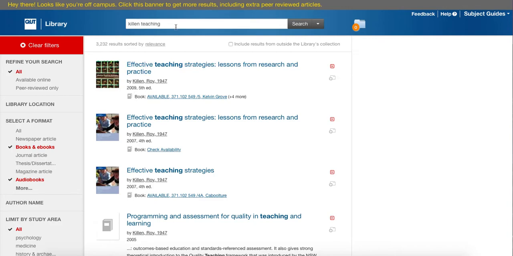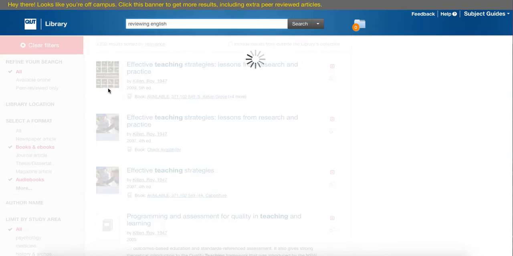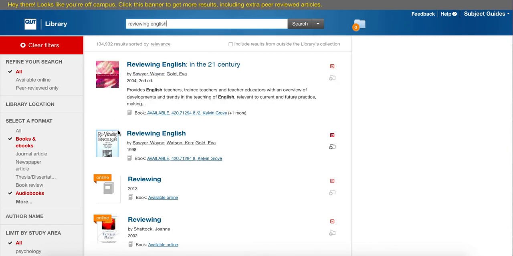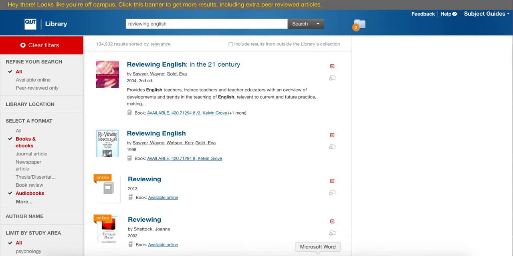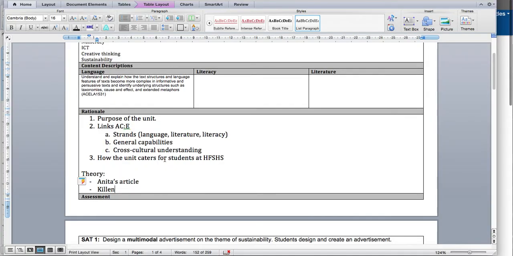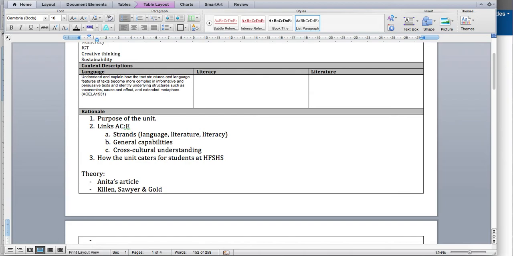Another book that I would recommend is by Sawyer and Gold. It's called Reviewing English. It's a more English-specific one. This one here, I could recommend Reviewing English. And from there, I'm sure that you could find a range of other texts when you're in the library. Sawyer and Gold.